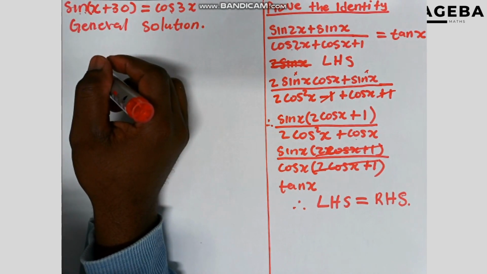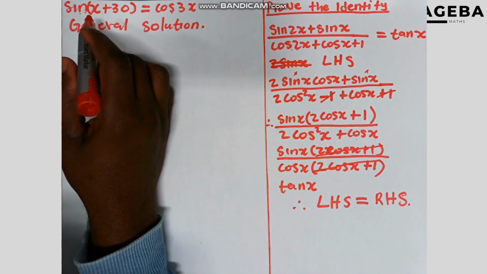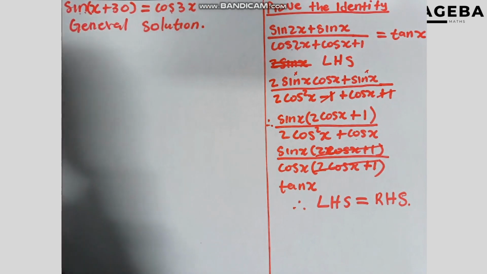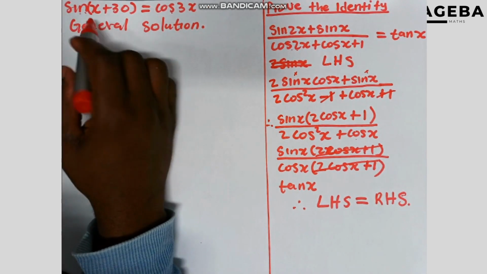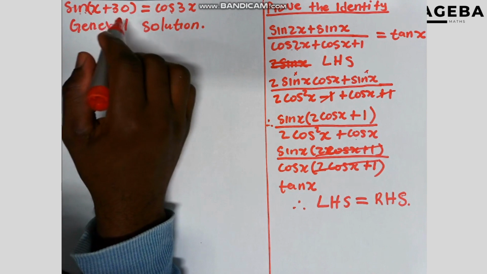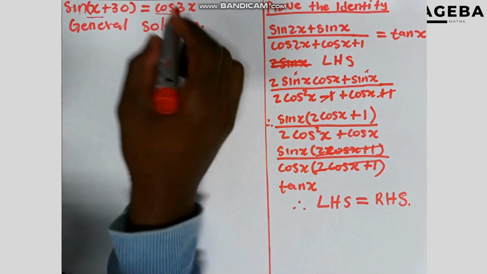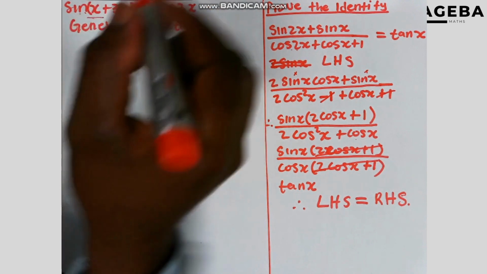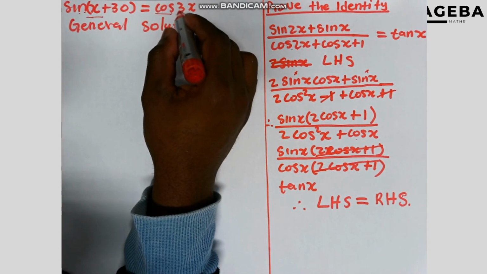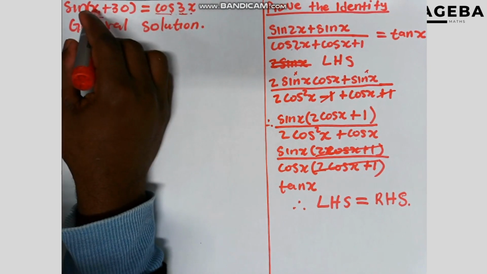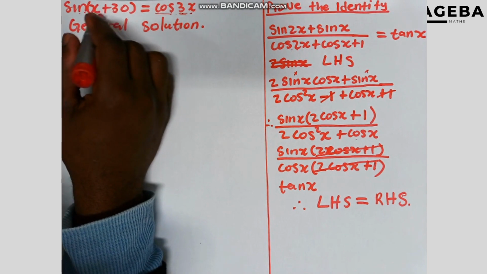First thing we need to do is make sure our trig ratios are the same. How are we going to make these trig ratios the same? Either we change this one or this one. I prefer that we change this one, since this one contains one angle and this one has two angles that are being added.